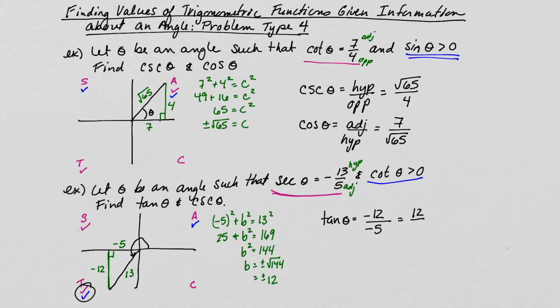So this would be 12 over 5. And then the other one we're looking for is the cosecant of theta. The cosecant of theta is going to be the hypotenuse, 13, over the opposite side, that negative 12. So again, I could rewrite this if I wanted as negative 13 over 12.